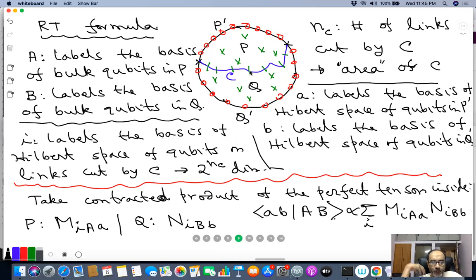That will obviously depend on what state in the boundary you are considering. So the Ryu-Takayanagi formula, the way I have stated it, refers to the vacuum in the bulk. When the bulk degrees of freedom are in the vacuum, then that formula is the correct one.